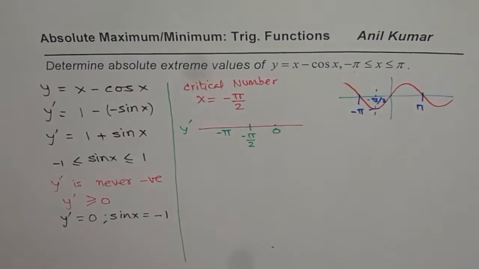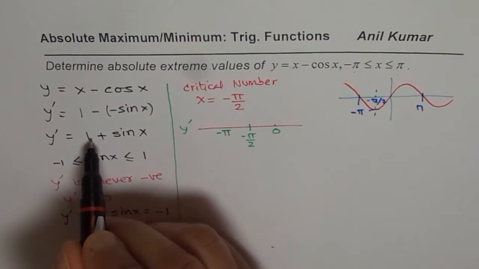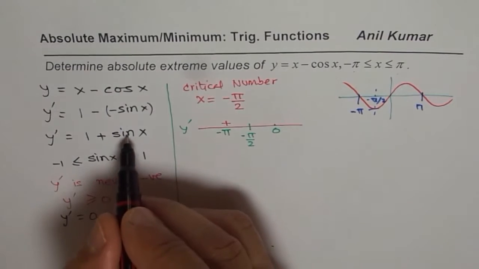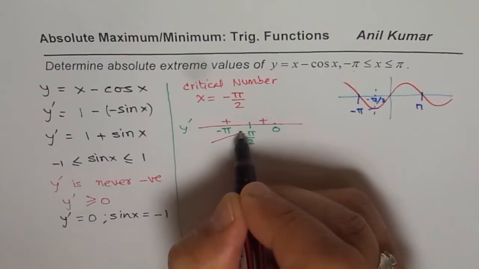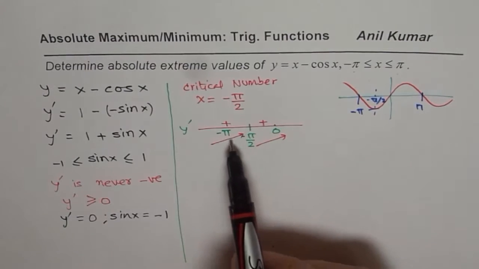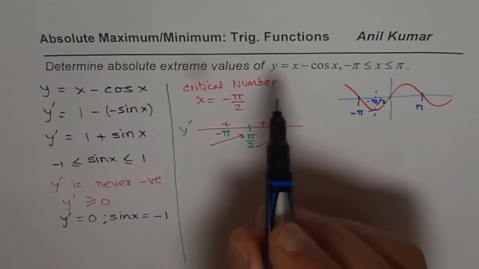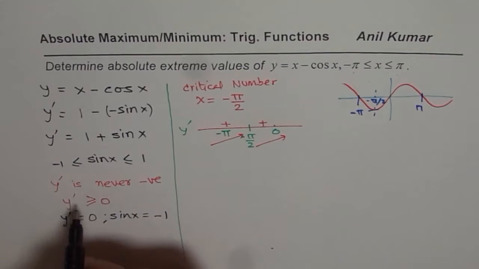If I substitute minus pi, sin is 0, so the derivative is positive. On the other side also, if I substitute 0, we get a positive value. So on both sides it is increasing, and therefore there is no change of increasing and decreasing. So there is no local maximum or minimum at this point. The other way to say it is that the function is always increasing.